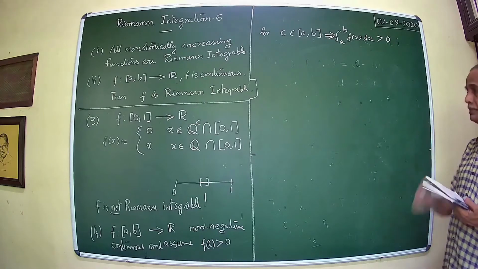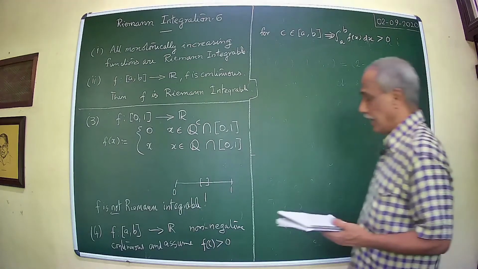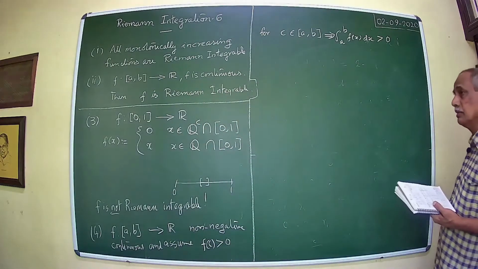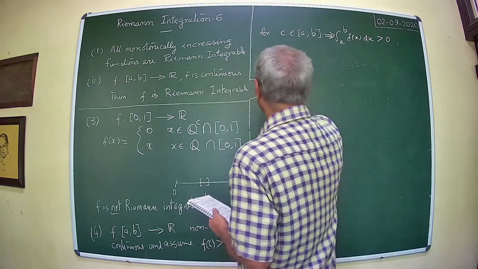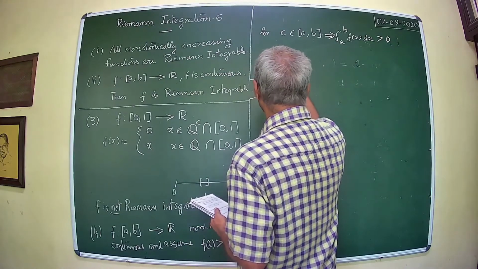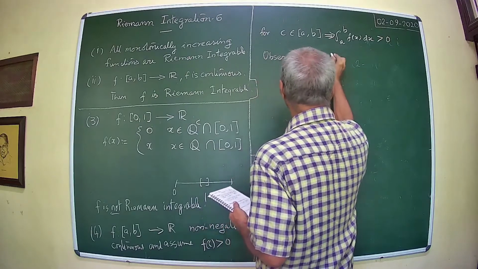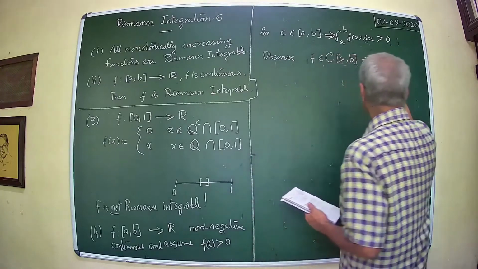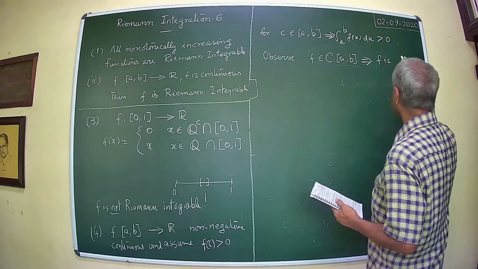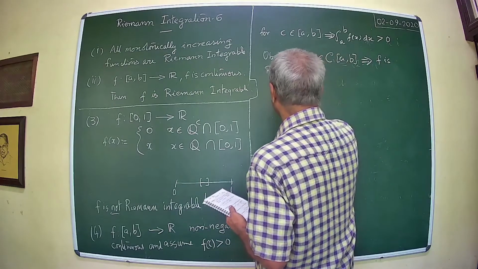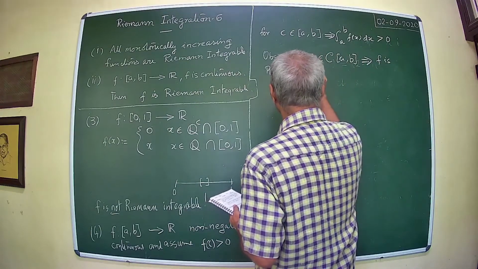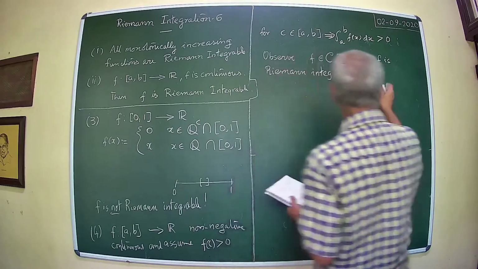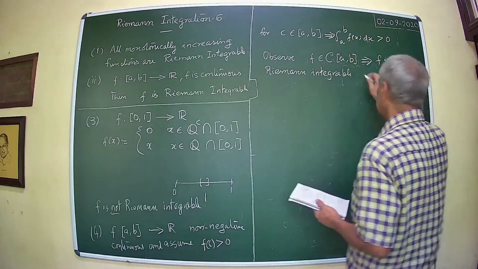If you want to prove this, the first thing is that f is a non-negative continuous function on the interval AB. What does it mean? f belongs to C[a,b], which implies f is Riemann integrable. That means this integral exists.